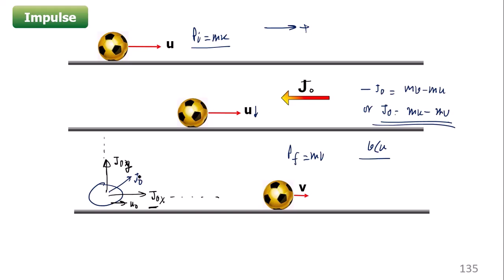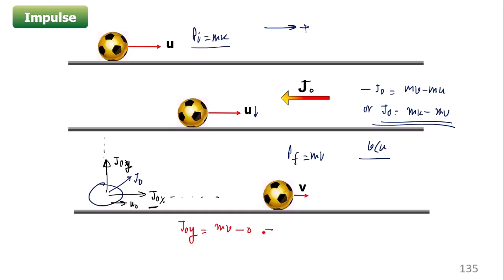But once I apply J naught at some angle, it has two components, J naught x and J naught y. So J naught y is going to change the momentum along the y direction. J naught y should be equal to the final momentum along the y direction, let us say m into v, minus the initial momentum along the y direction, that is 0.